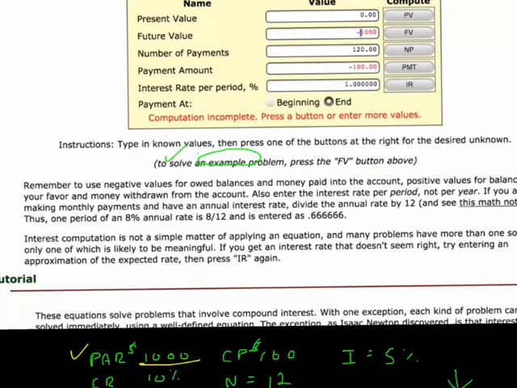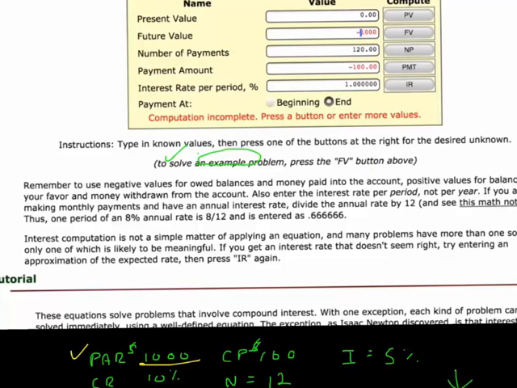Whenever there's money being paid out from the organization, it is a negative. Kind of complicated, but this is the way that it works. Always put a negative in there.